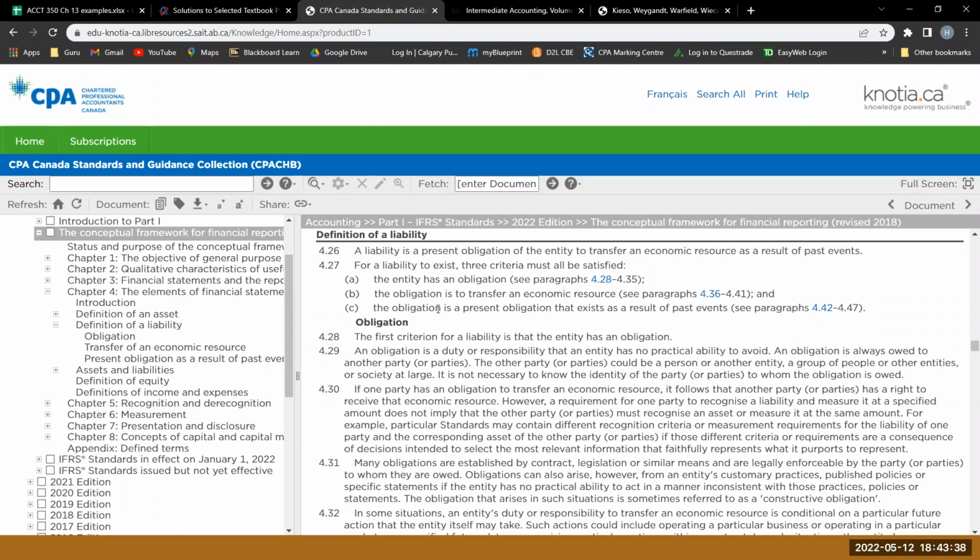We owe it now because this obligation exists because of some transaction that we entered into in the past. Some past transaction has caused an obligation for us that we have to discharge in the future through the transfer of assets. That's basically what the formal definition of a liability is.